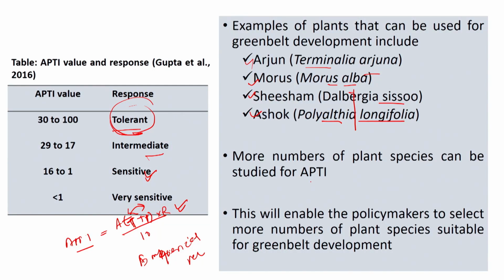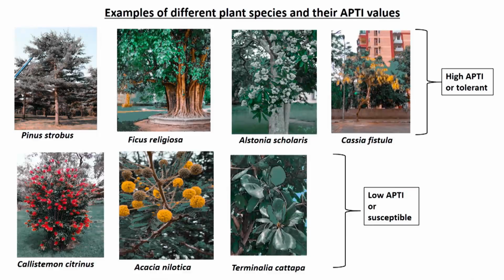More plant species can be studied for APTI. There are lots of species that should be studied, and this will help policy makers select more plant species suitable for green development. These are the few listed, there are many actually. In the next slide, you can have Pinus strobus, Ficus religiosa, and Alstonia scholaris.